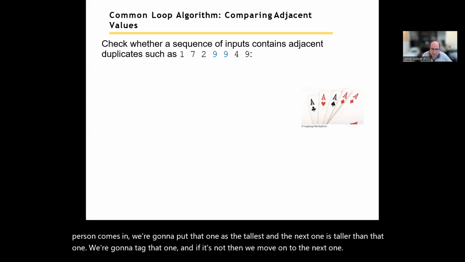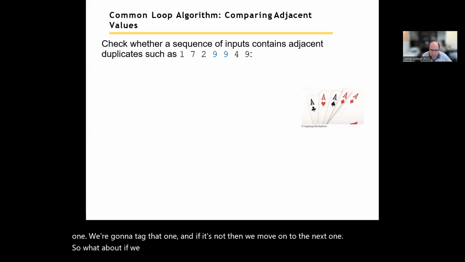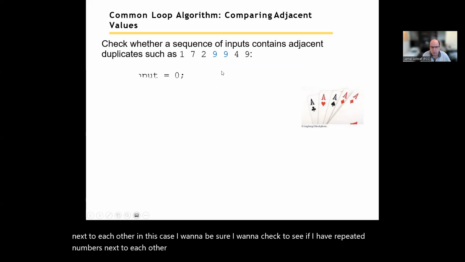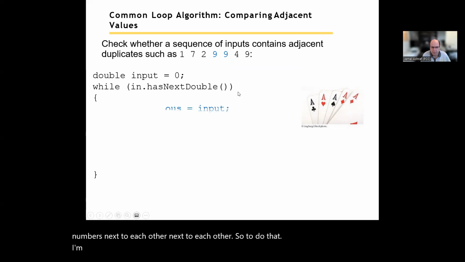So what about if we are looking for the ones next to each other? If I'm looking for things next to each other, in this case, I want to check to see if I have repeated numbers next to each other. To do that, I'm going to read numbers as we go through.